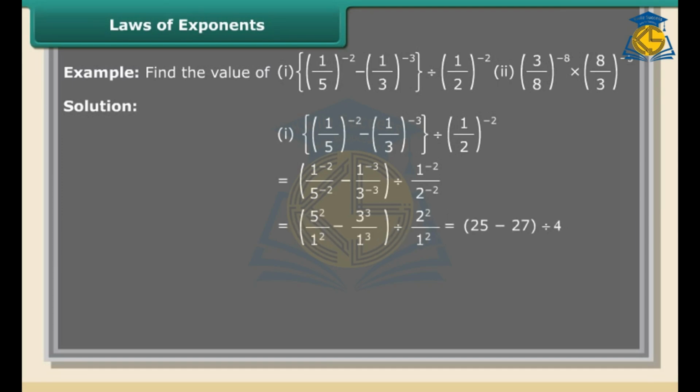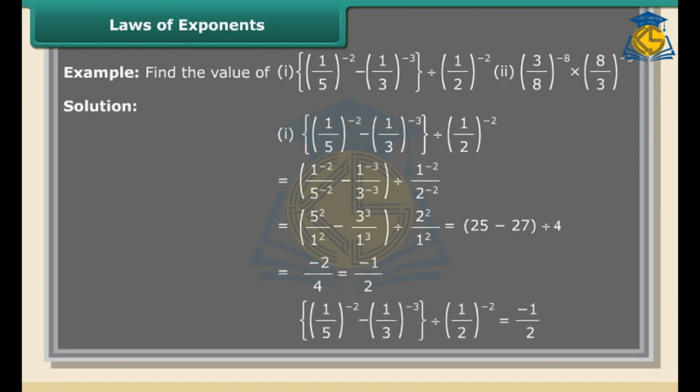is equal to 5 raised to the power 2 upon 1 raised to the power 2 minus 3 raised to the power 3 minus 1 raised to the power 3 divided by 2 raised to the power 2 upon 1 raised to the power 2, is equal to 25 minus 27 divided by 4, which equals minus 2 upon 4, which is equal to minus 1 upon 2.